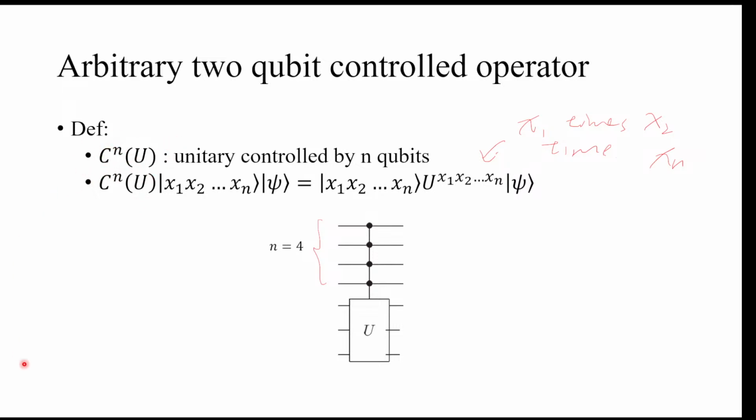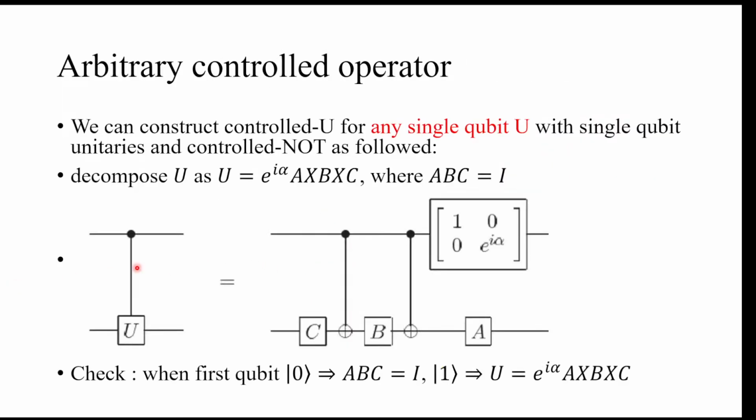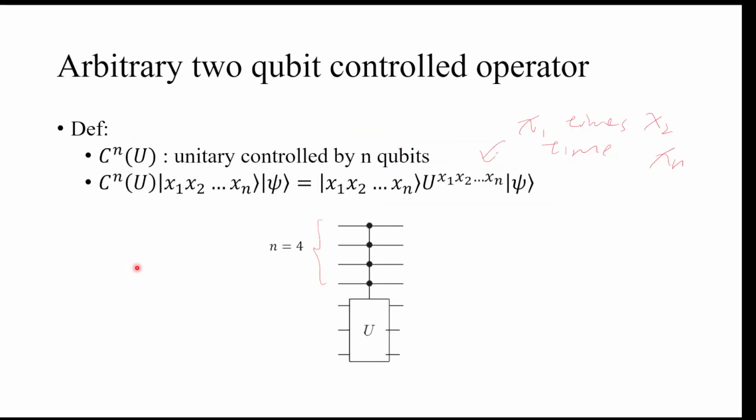So Cn to the U is unitary controlled by n qubits. So here, say we have C4 of U, so it's a unitary controlled by 4 qubits. But I guess a bit of comment here, so you can kind of see that all our notation for those multi-qubit gates are not very precise because we never say what are the control qubit and what are the target qubit. But to write down who are the control and target is very cumbersome.